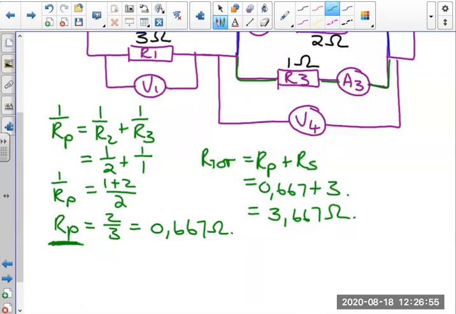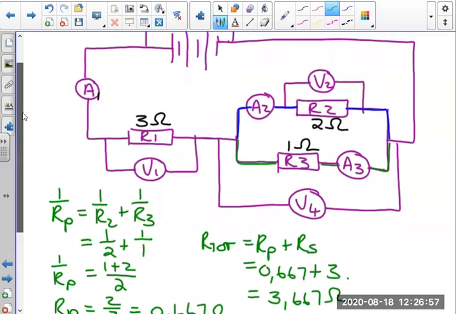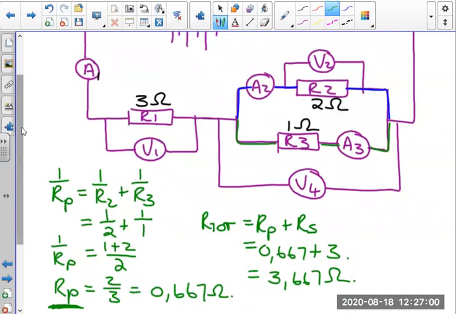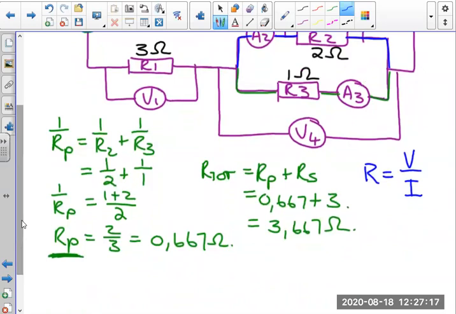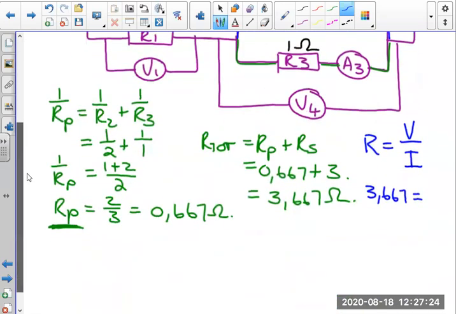Right, now let's go to the total current. Now I can work out the total current, which is A1, because that's in a series circuit. For the total current, R equals V over I. I use the total resistance, which is 3.667, and the total voltage, which is 15, and then I want the current.